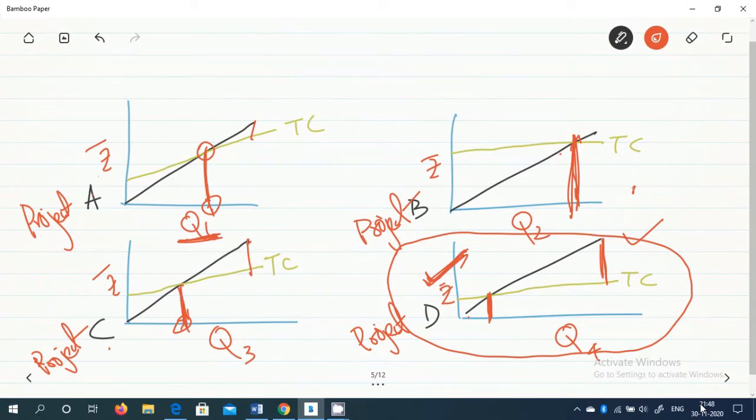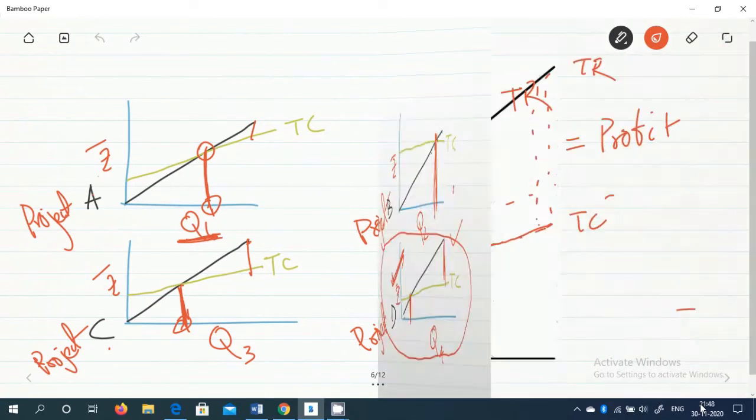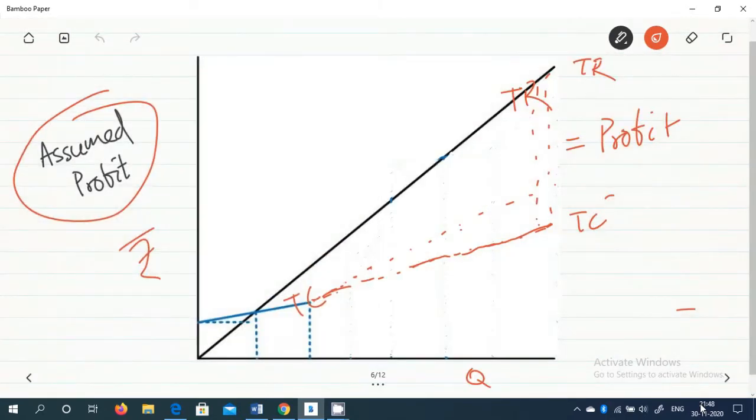Now we'll look at different parameters. This is the total cost, moving in this line, and total revenue is moving in this line. At Q1 I am getting the break-even point.